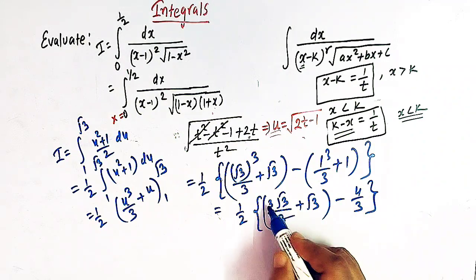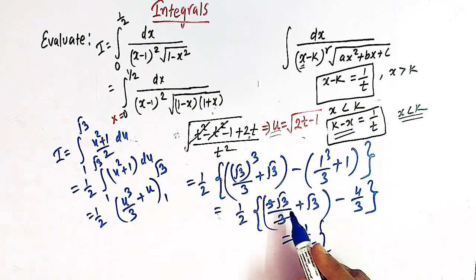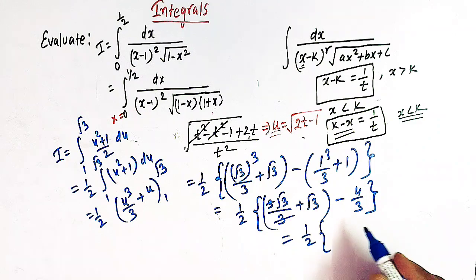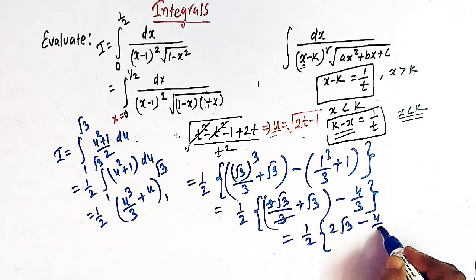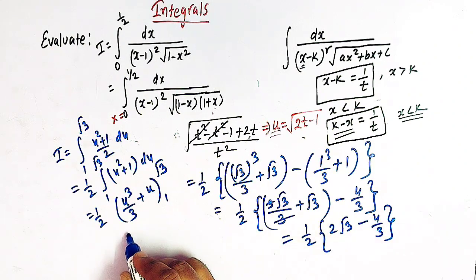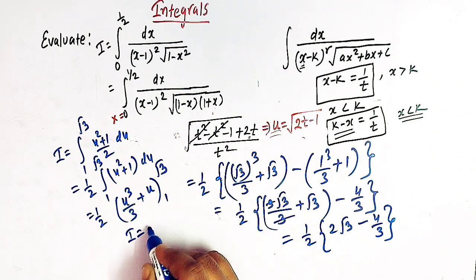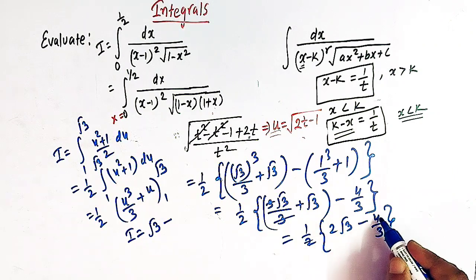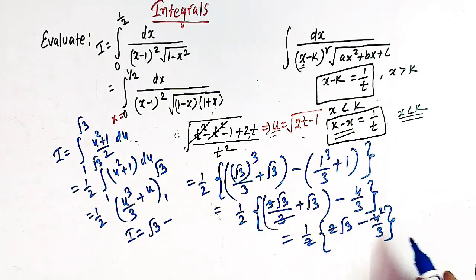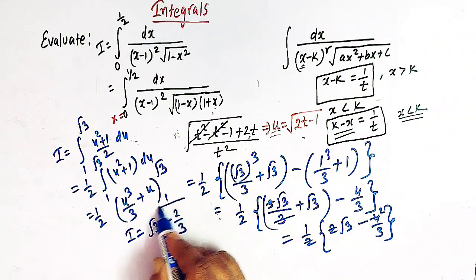So here 3 and 3 get cancelled, so we have half, and square root of 3 plus square root of 3 is 2 times square root of 3. Here we have 4 over 3, right? So now multiplying these two terms by half, this 2 and this 2 get cancelled, so we have square root of 3, and here 2 2s are 4, and we have here simply 2 over 3, right?